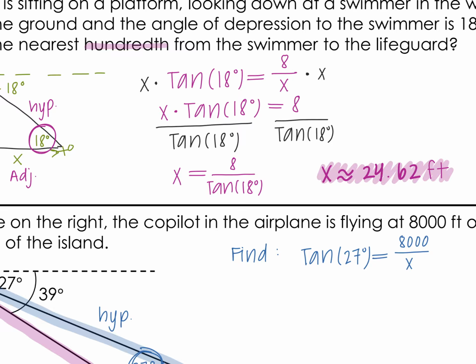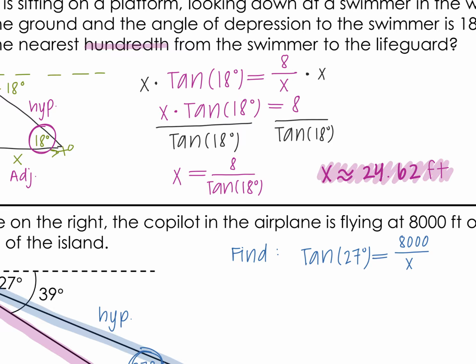What I can easily do to solve for x in a real quick one-step way is to take that x and switch it with the trig function that I have on the left side. So here I can take my x in my denominator and move it where that tangent of 18 degrees is. And then once I switch that over there, I need to take that tangent of 18 degrees and replace the denominator with it.